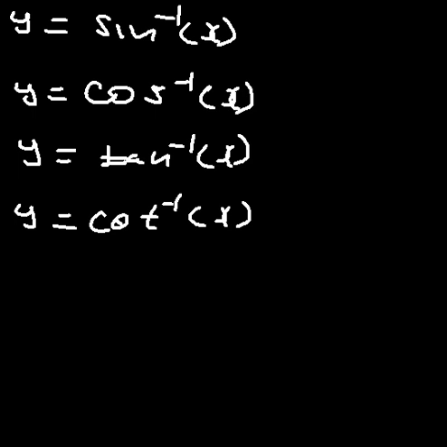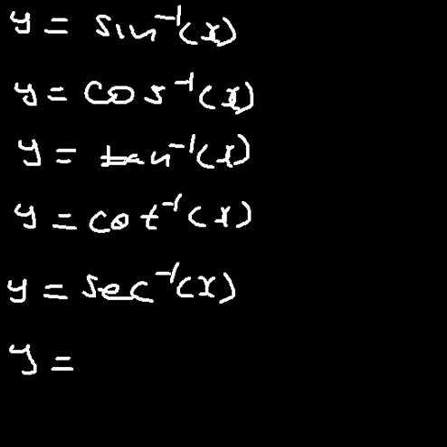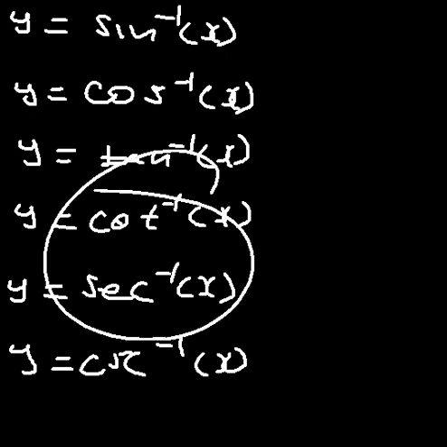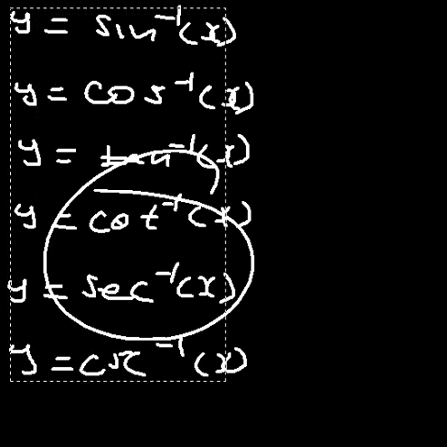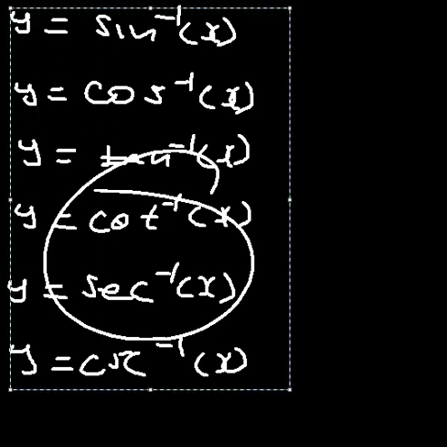And we also have y is equal to sec inverse of the function. It can also be given as cosec inverse of the function. So these are the six trigonometric inverse functions you have to understand.